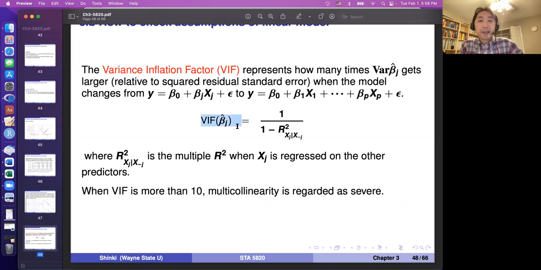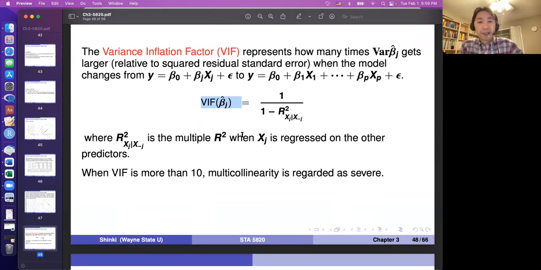The variance inflation factor is calculated by this formula: 1 over 1 minus the multiple R squared of some regression model. Which regression model? This is the multiple R squared when we regress xj on the other x variables, x1, x2, up to xp, except for xj.